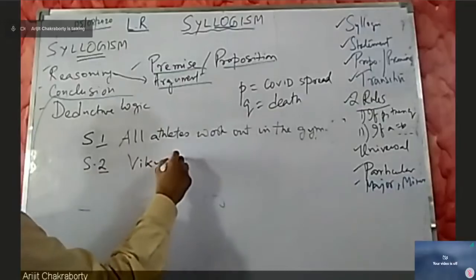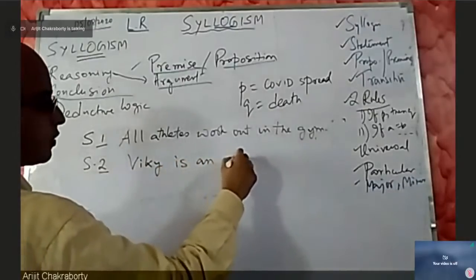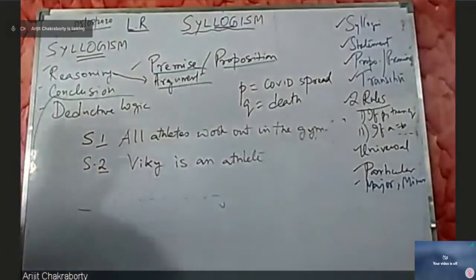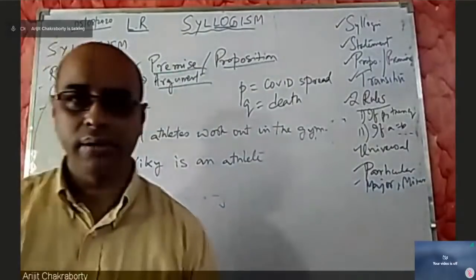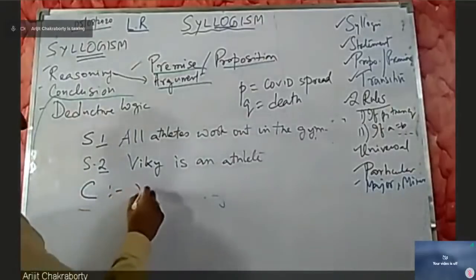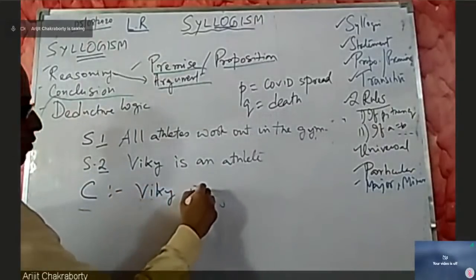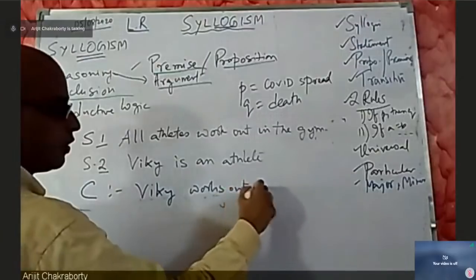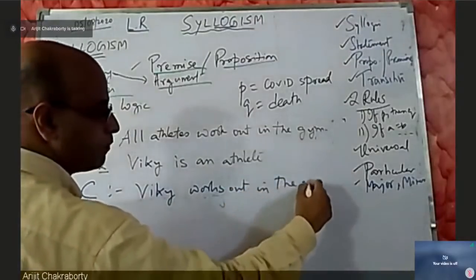Vicky is an athlete. So what will be the conclusion? Conclusion C is Vicky works out in the gym.